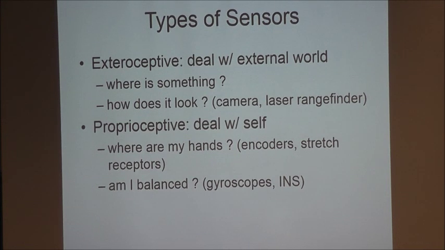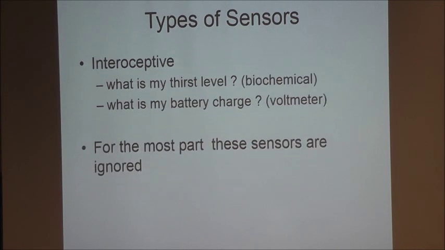So you see in some of our videos broadcast on local TV that our track robots would actually go like that and then flip over without falling because we put the right gyroscopes on it. Another type is interoceptive.